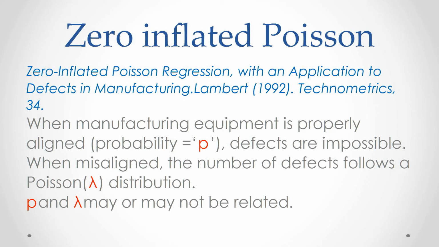We may have different situations based on whether p and lambda are related or not. In fact, both p and lambda may be related to sets of covariates which may be identical, distinct or overlapping. We could have situations where p and lambda are functions of each other or unrelated, and these are situations which Lambert has visited in her paper.